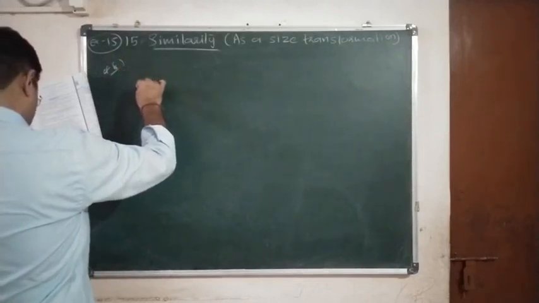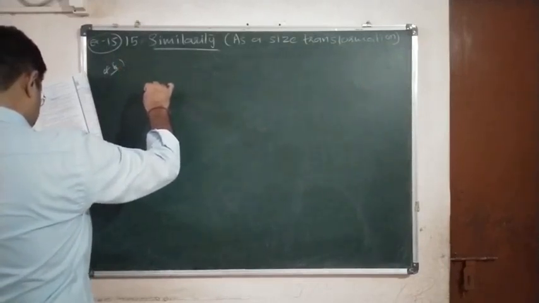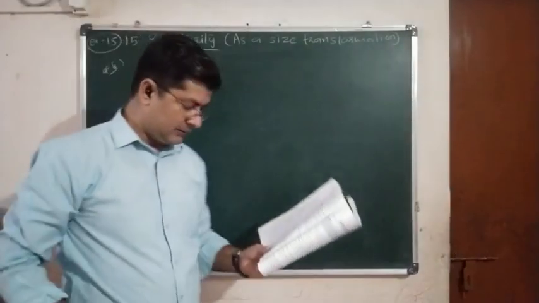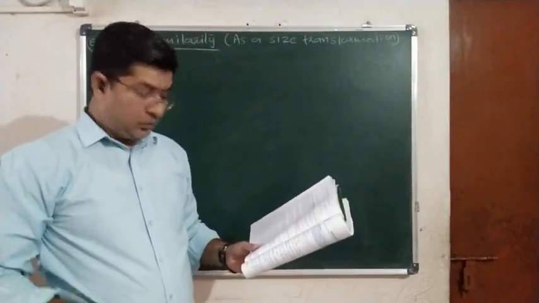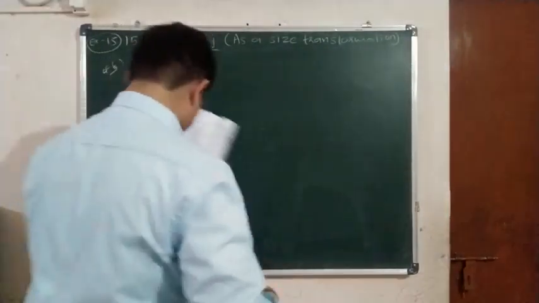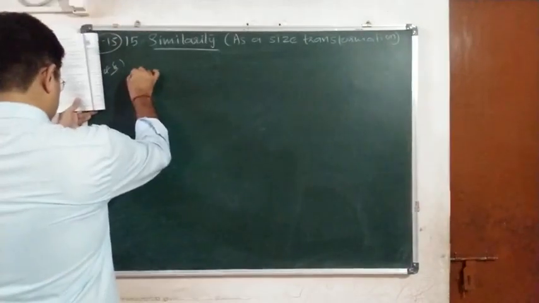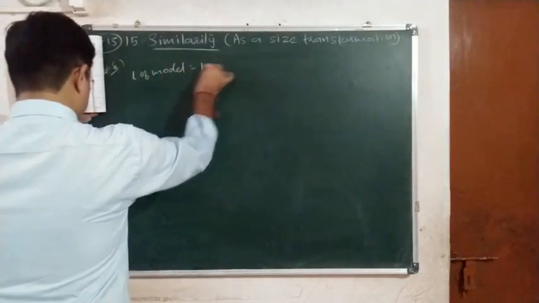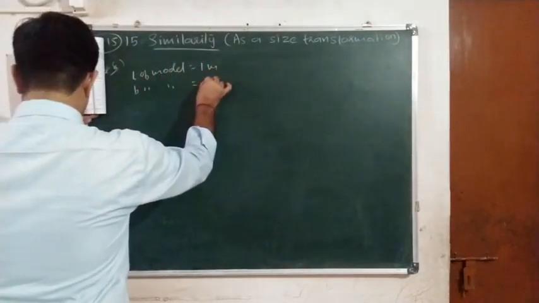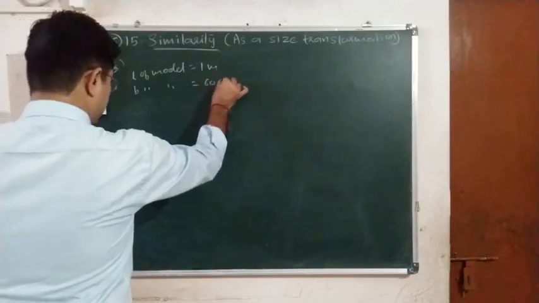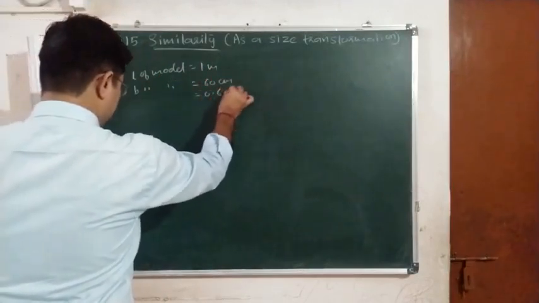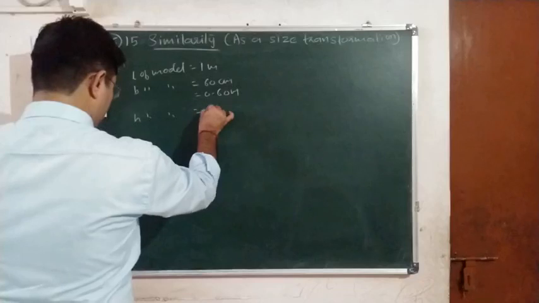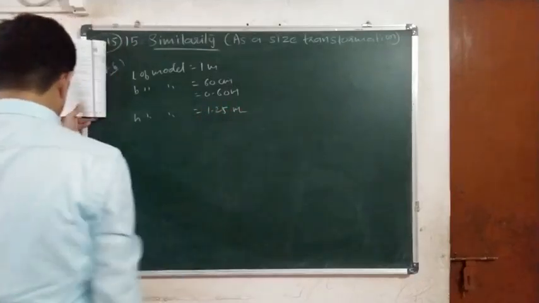The dimensions of the model of a multi-story building are given. By dimensions we mean length, breadth and height. So length of model is 1 meter, breadth of model is 60 centimeter, which is 0.60 meter, and height of model is 1.25 meters.